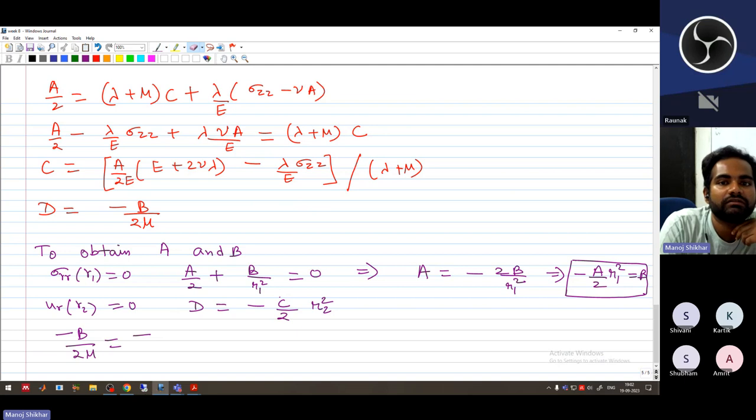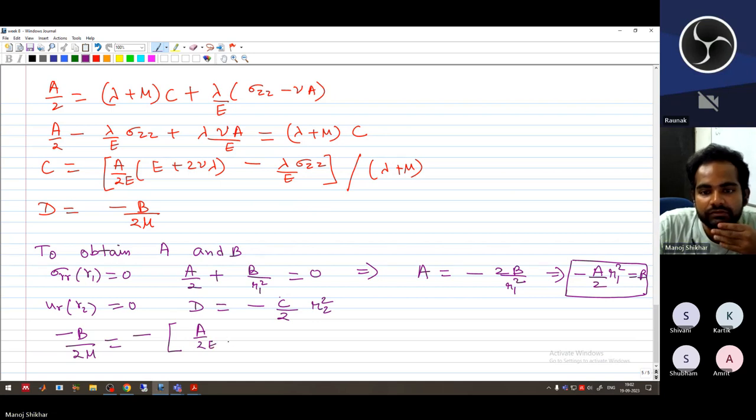So basically minus A by 2E into E plus 2 mu lambda minus sigma ZZ lambda by E into R2 square.